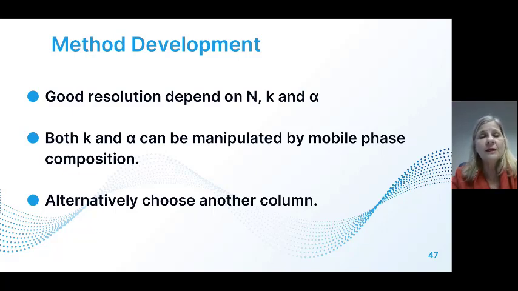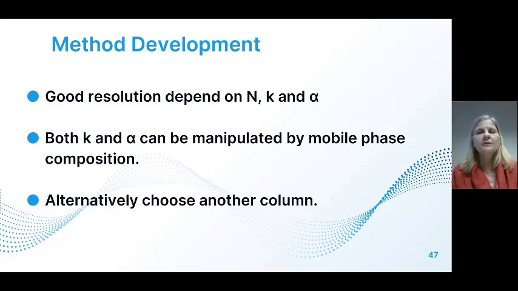And after you have worked extensively with your mobile phases, if I say change the mobile phase composition, you don't only have to use water and acetonitrile, you can have tetrahydrofuran in the mixture or methanol. Play around with three mobile phases and not only two in the composition.